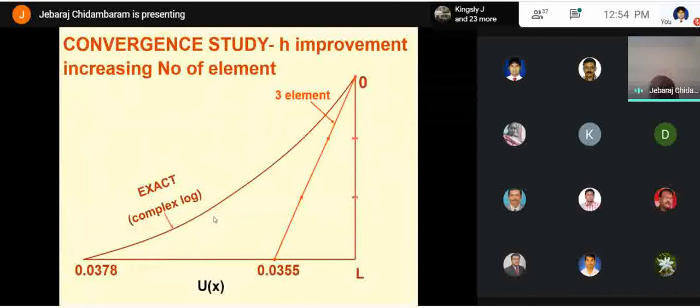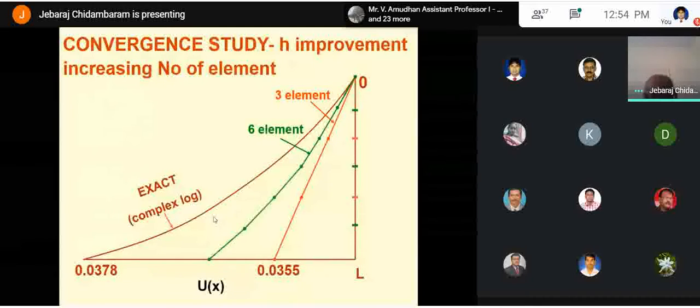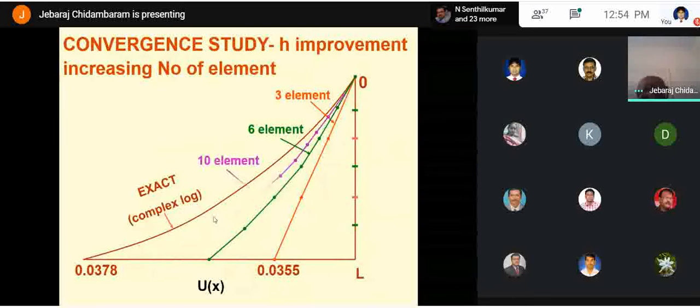Okay. Instead of 3 elements, if I made it into 6 elements, I will see the solution is improving. If I go to 10 elements, still it's improving. And it is converging. As I increase the number of elements, I see the solution is converging.